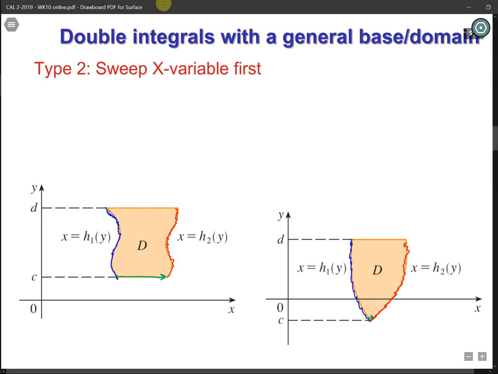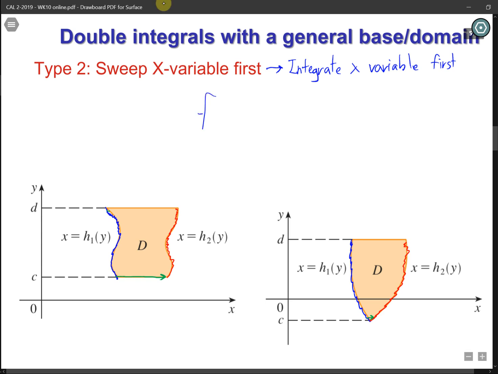Now back to type 2, sweep x variable first. What this means is that we need to integrate the x variable first. It's all about sweeping the x variable.